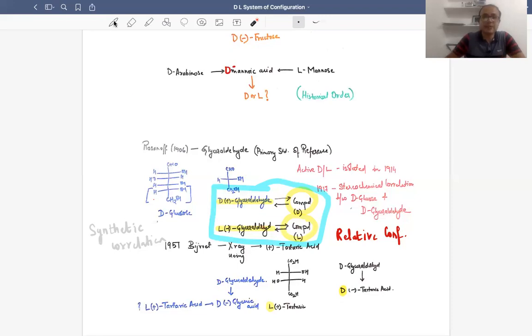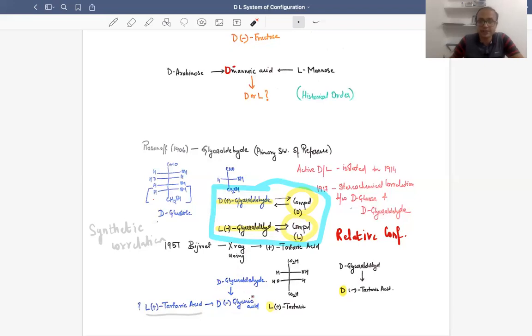But the ambiguity came into play when people later were able to start from the L plus tartaric acid and arrive at D minus glyceric acid. Now this D minus glyceric acid was also being synthesized from the D-glyceraldehyde.